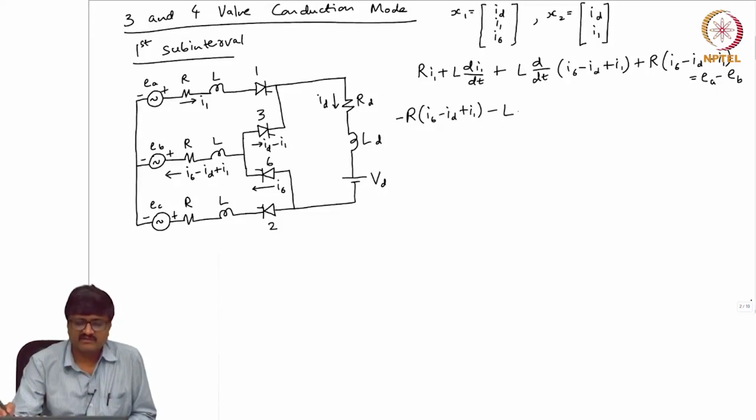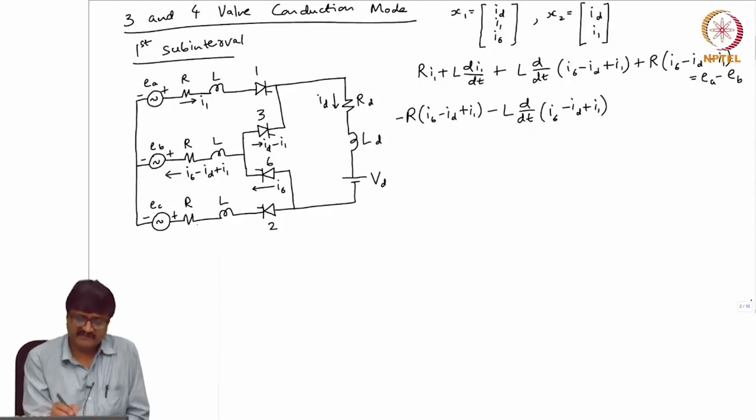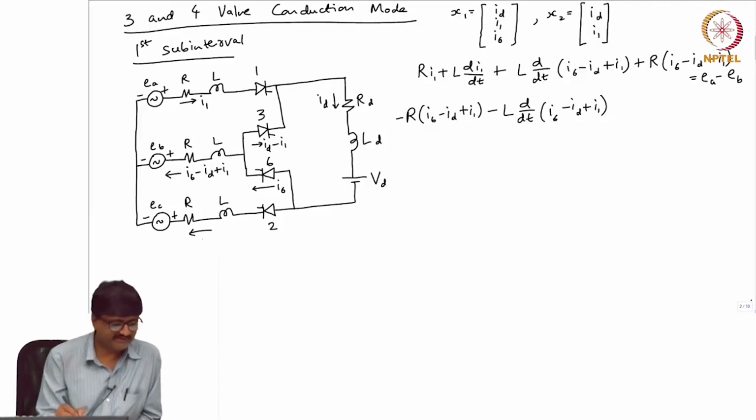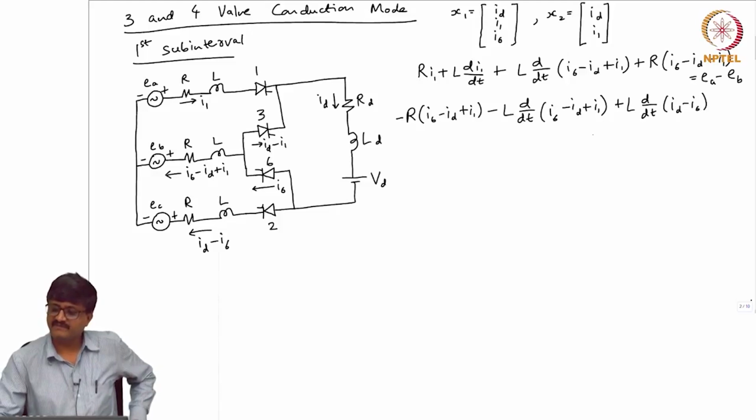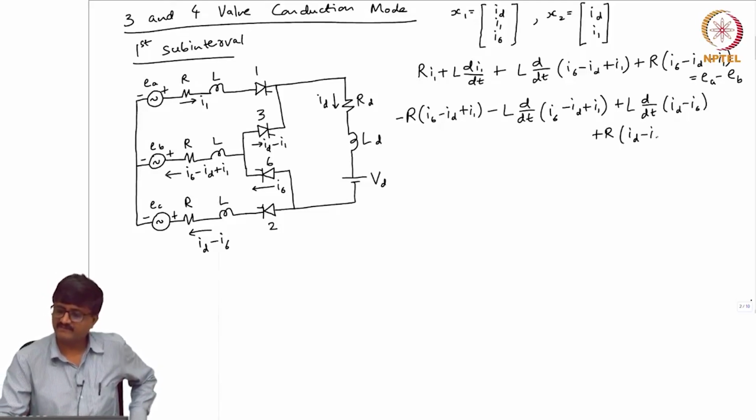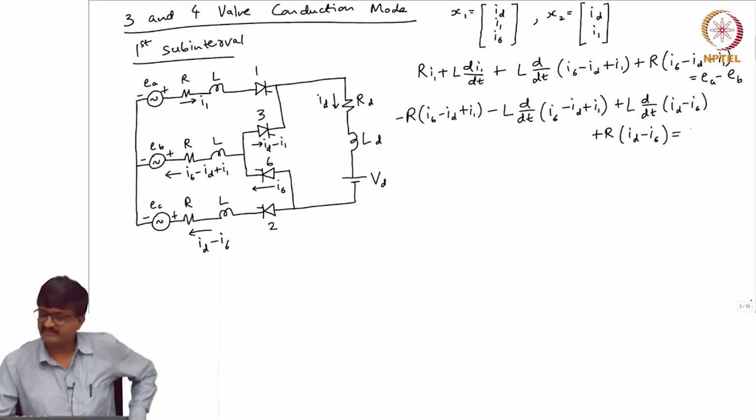Then this is minus L d/dt of (I6 minus ID plus I1). If I take the current through valve 2, it is ID minus I6, plus L d/dt of (ID minus I6) plus R (ID minus I6). So, this is equal to EB minus EC.